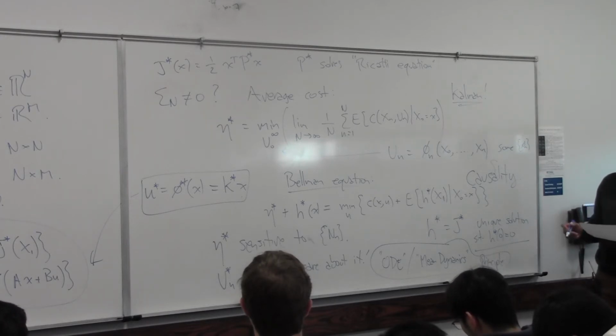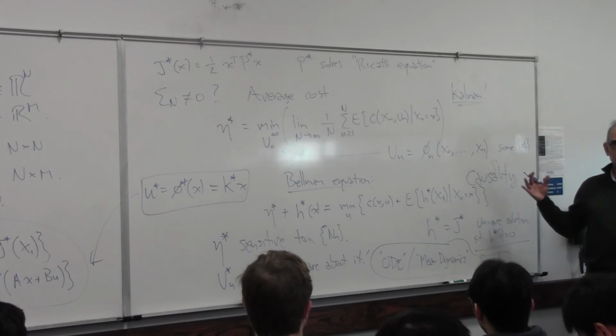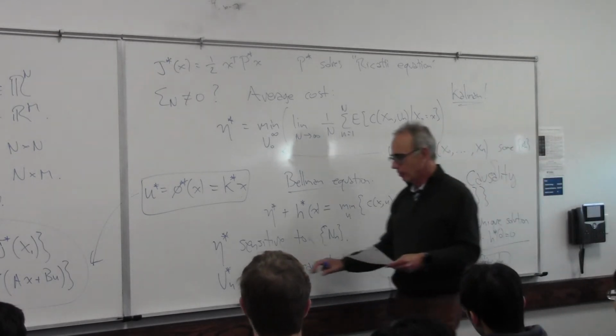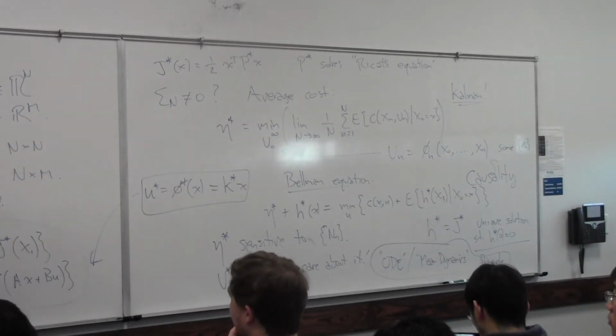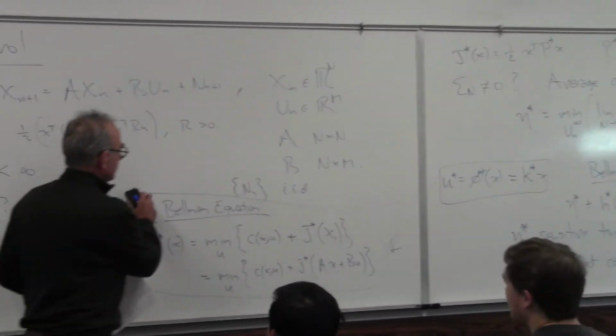So let me give the most... This is a completely general, very important class of control problems. Let me give you the most boring, unimportant control problem you can think of.